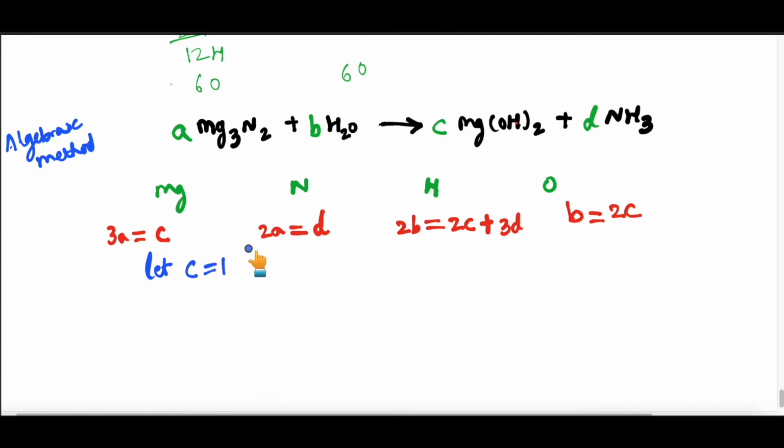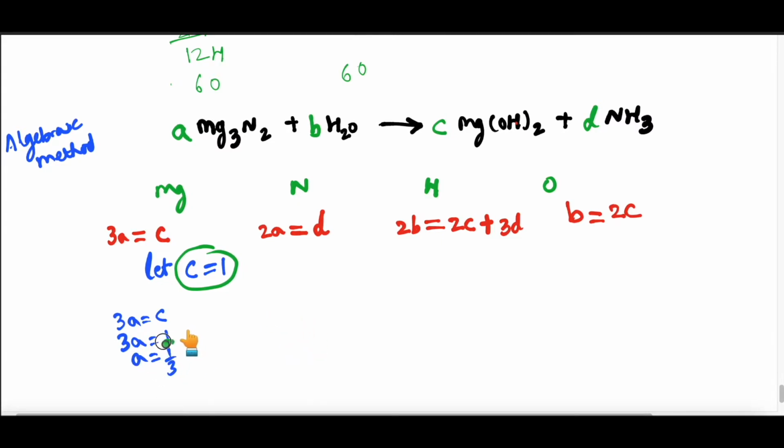As soon as we have assumed C to be 1, what will be the effect on the others? Here by placing 1, you will get the value of A. 3A is equal to C, which means 3A is equal to 1. Therefore, A is equal to 1 by 3.